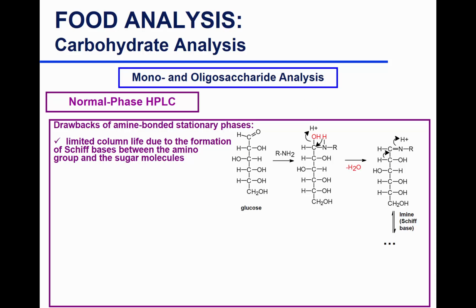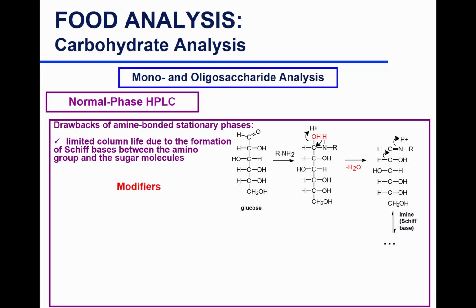But there is a problem with having an amine group and a sugar group. Over time, the columns get degraded at the temperature you would use to run your separation. You might end up having a Maillard reaction, and this will result in depletion or blockage of the amine groups on the column.